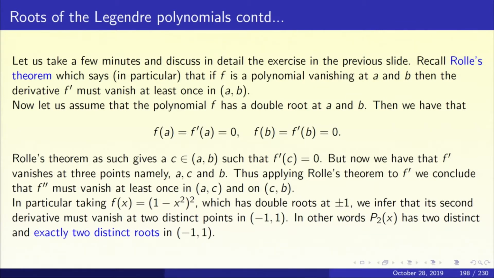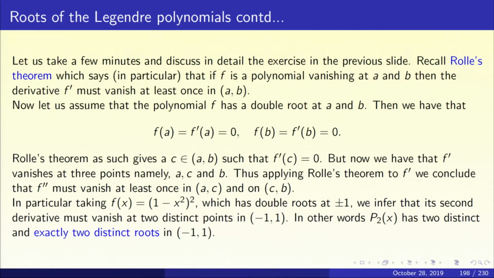So, after this generality, let us apply this idea to the function f(x) equal to (1 minus x squared) the whole squared. Observe that this has a double root at -1 and a double root at 1. So, by what we have just shown, f'', the second derivative of (1 minus x squared) the whole squared, must have 2 distinct roots in the open interval (-1, 1).